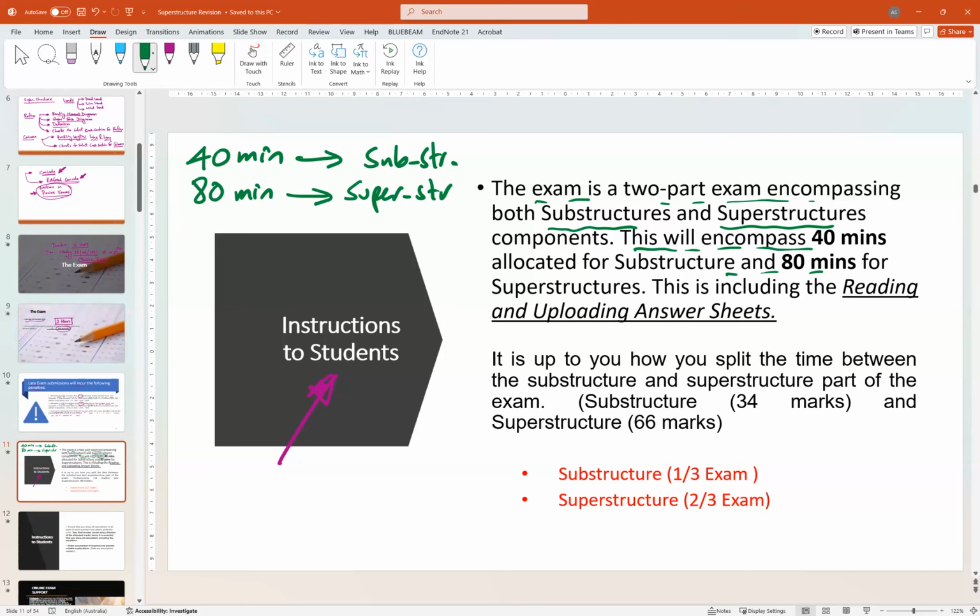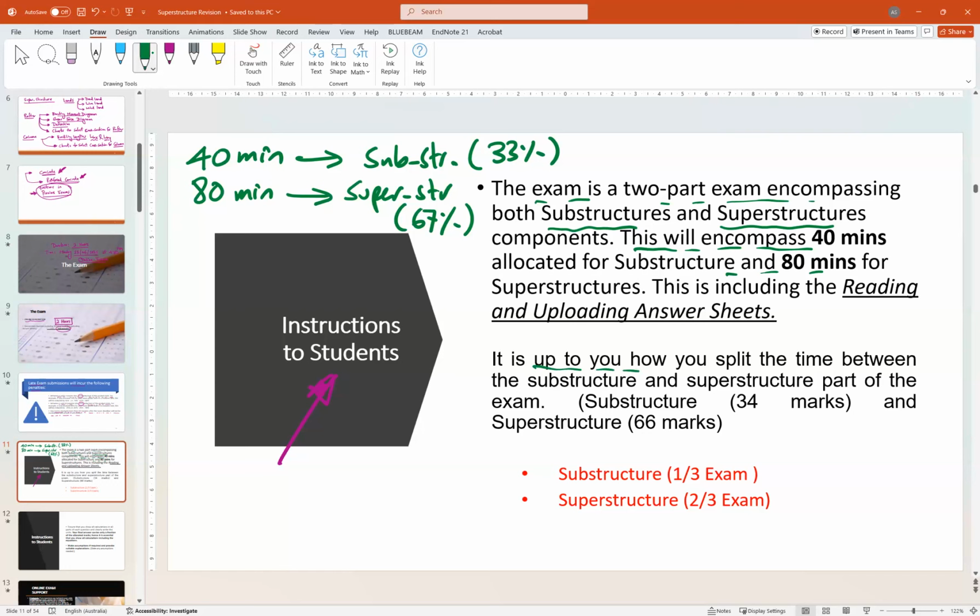Substructure weighs 33%, superstructure weighs 66 or 67%, so you need to spend more time on the superstructure part.